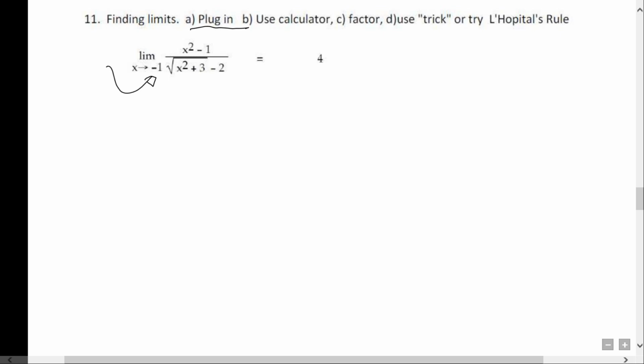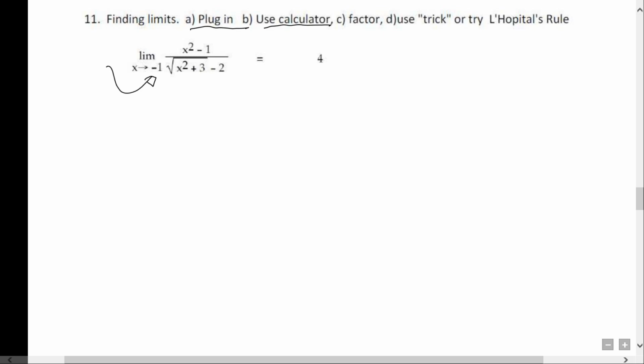You can also try your calculator and put in a value of x very close to the value that x is approaching, and if you have a calculator with a lot of decimal places or calculating capability, that would do.